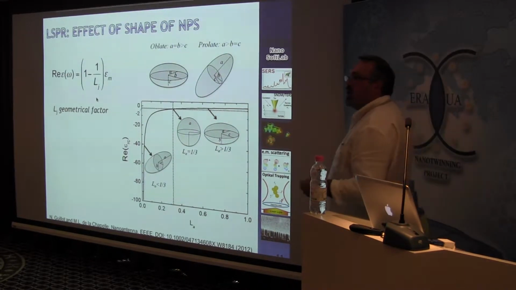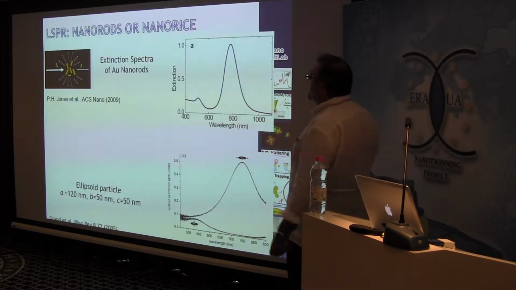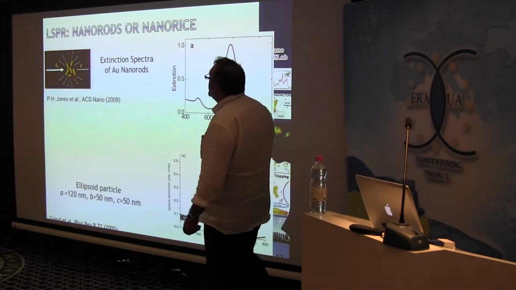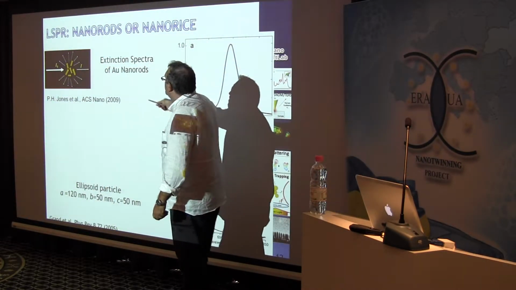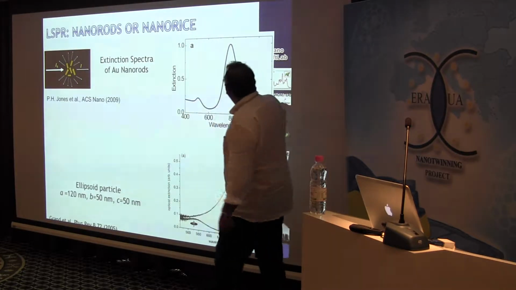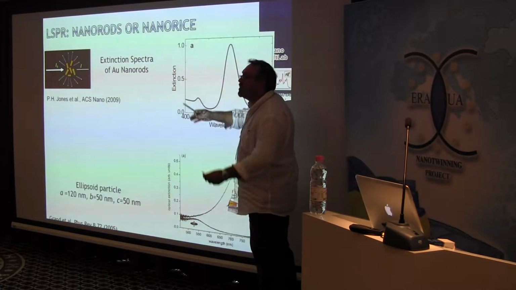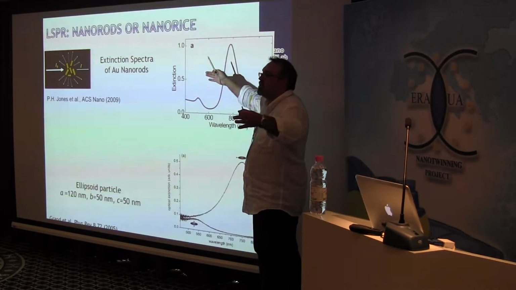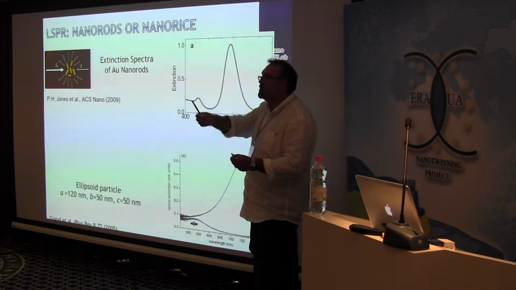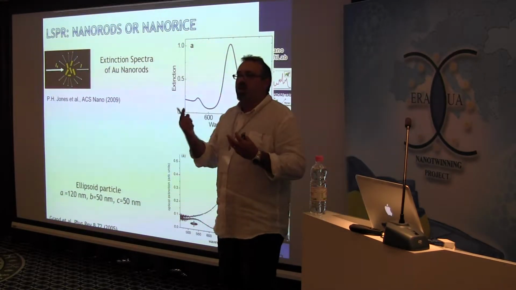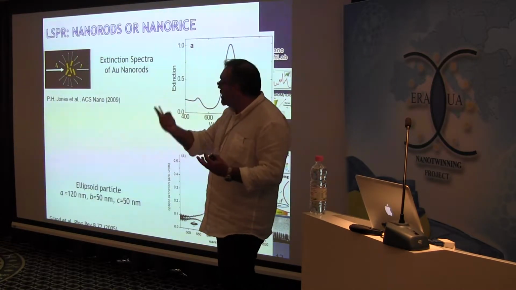If you take, for example, nanorods made by chemical procedures in water, you typically end up with this extinction spectrum, in which this is the resonance along the long axis, which is larger, so it's more redshifted, and this is the resonance along the short axis. So cylindrical nanoparticles have two localized surface plasmon resonances instead of one.